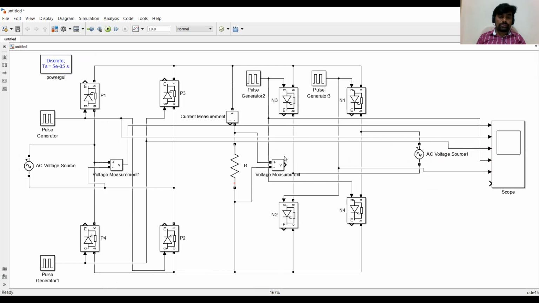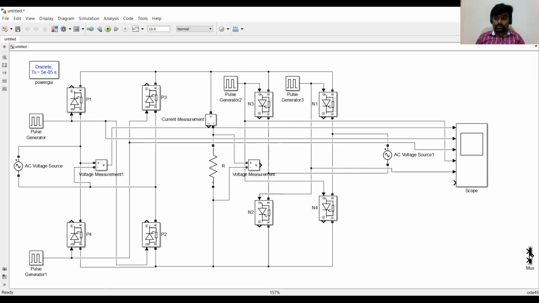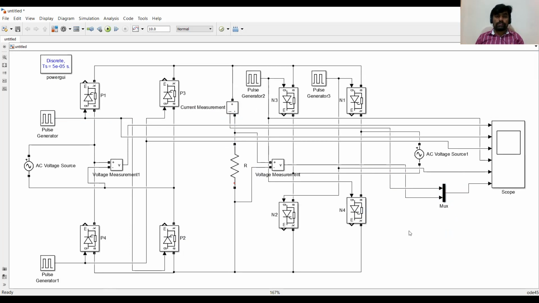At last, I want to see the output voltage waveform, and both the output voltage and output current waveforms I want to see at the same time. To see these waveshapes, I need to go for a mux. The inputs to the mux are the output current and output voltage. And directly I can connect to the scope like this.